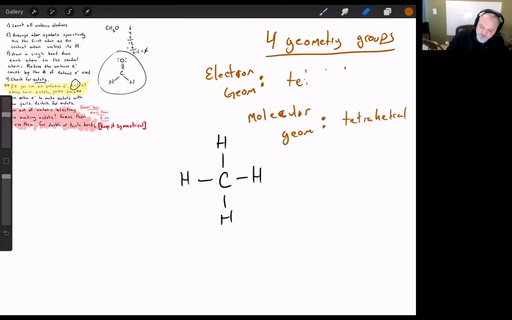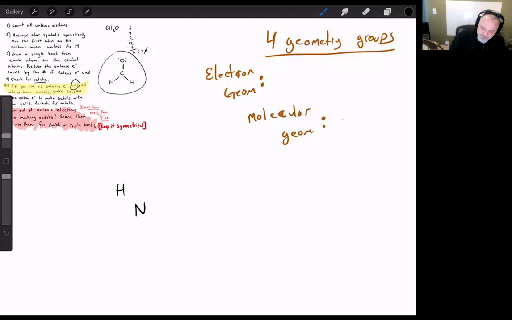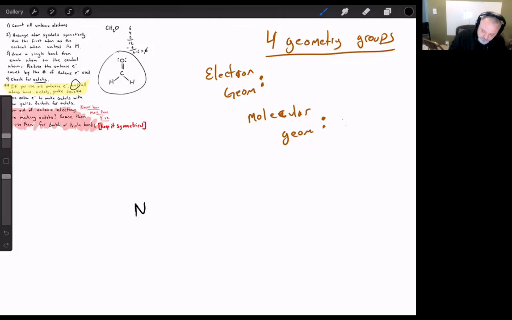Okay, let's go back to another example that we did today. How do we do this geometry bit? I had N, H, H, H, and it had a lone pair. Let me just draw that a little bit better so that it's not so sloppy. Had 1 lone pair.